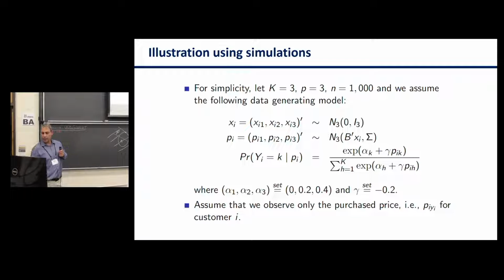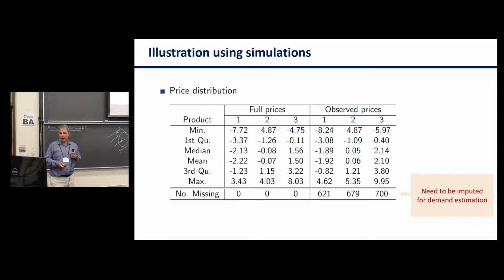X is the vector of attributes that are correlated, and then the probability for the choice y_i is given by the MNL, where alpha is a vector, and gamma is the price coefficient that is also assumed to be minus 0.2.